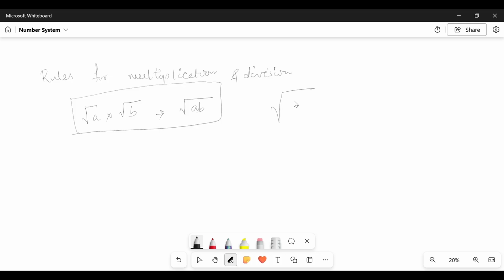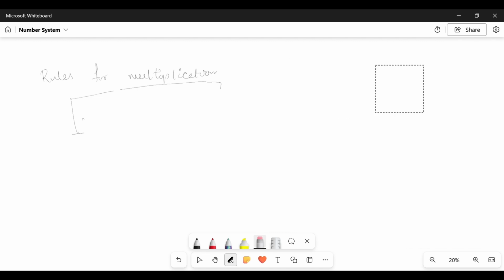Similarly, if we have a rational number within the square root, which makes it irrational, this is the same as writing square root of a upon square root of b. So these two are very basic rules of multiplication and division when it comes to application on irrational numbers.